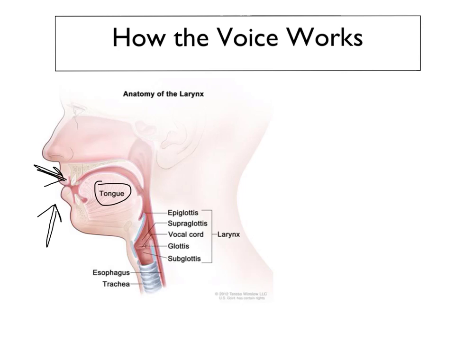Okay. Now, for example, if you wanted to make the sound P with your mouth, that needs your lips to come together and then suddenly release. So that is a lip sound. Okay.